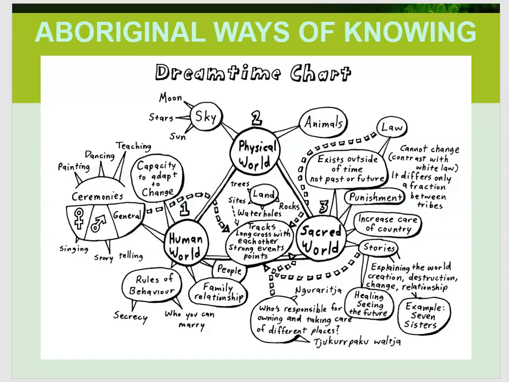So again, I want us to think about our Aboriginal ways of knowing, in that we've got those three spheres: the human world, the physical world, and the sacred world, and how knowing land, which is central to this diagram, helps us to unpack the interrelationships of all of our human world, physical world, and sacred worlds. So these are really very, very complex ways of knowing.